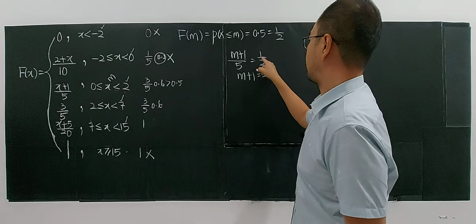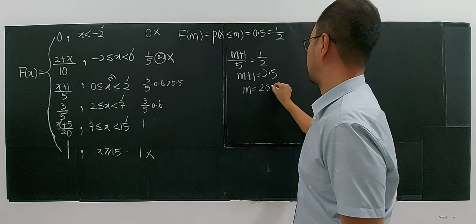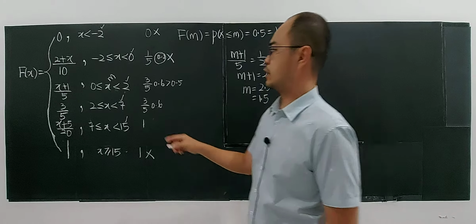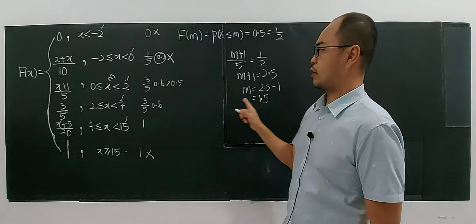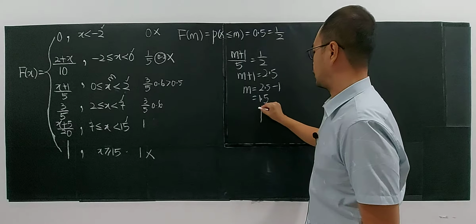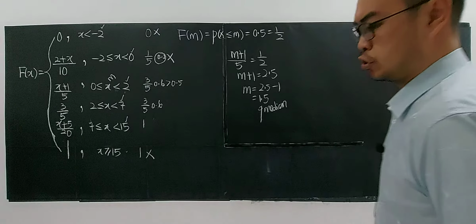Then m, the median, will be 2.5 minus 1, which is 1.5. You see that the value of m is 1.5, which is in between 0 and 2. So this will be the median of this distribution.